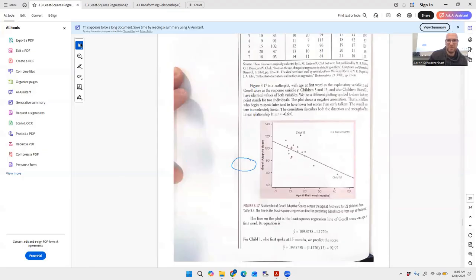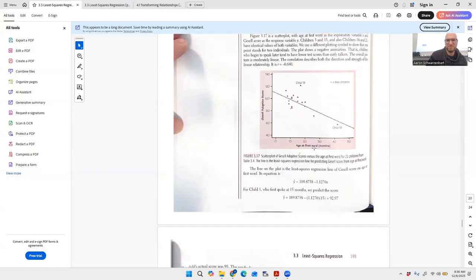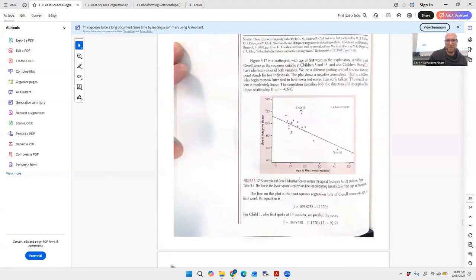Okay. You guys saw this data before, right? So we have child 19 is an outlier.